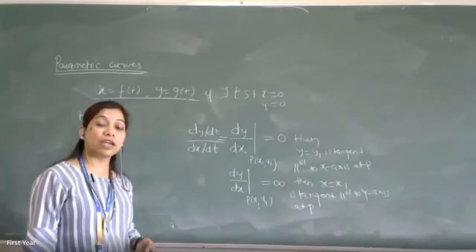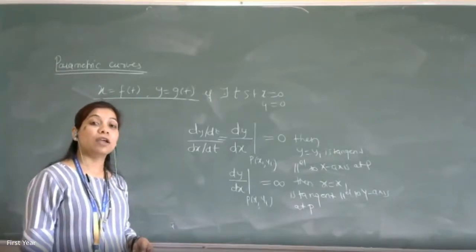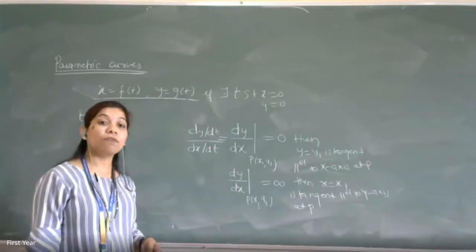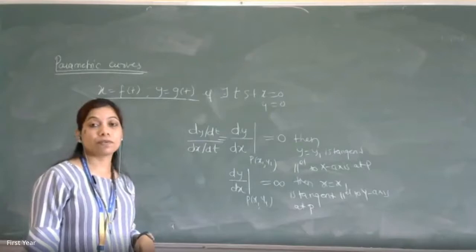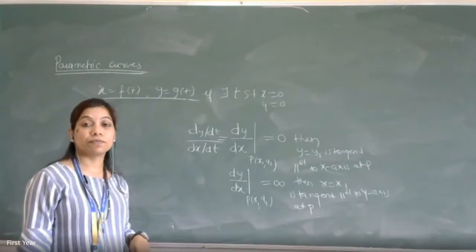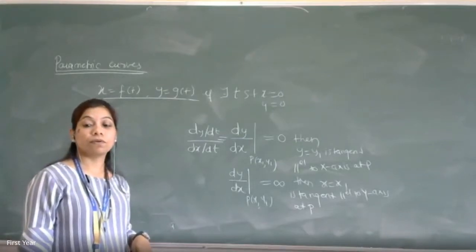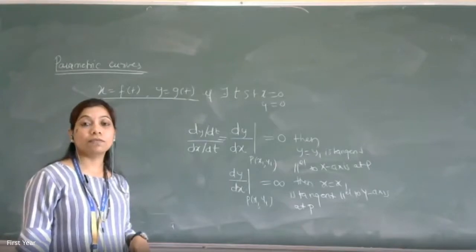The curve does not exist if x becomes imaginary or y becomes imaginary for certain values of t. Okay? Fine?